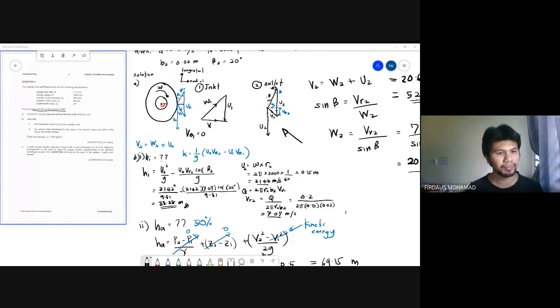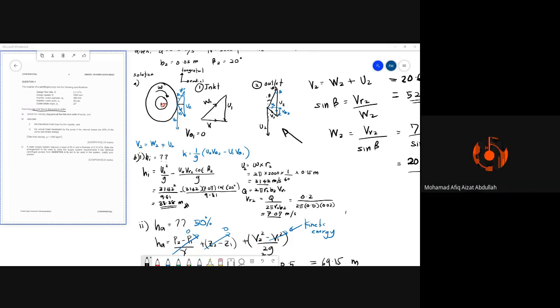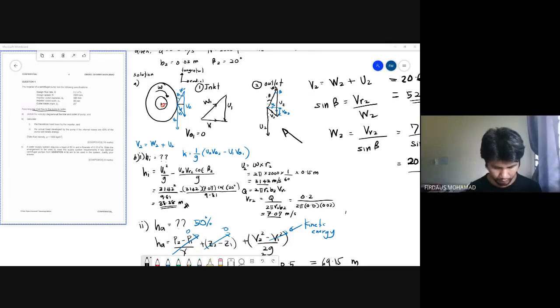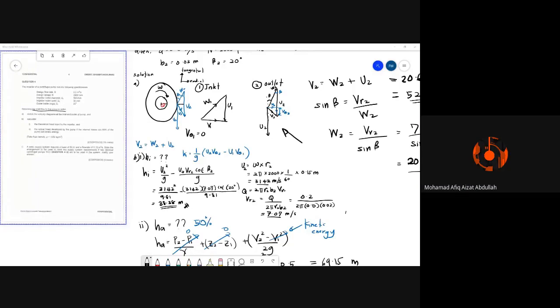So pump arrangement ada berapa? Dua, satu series, satu parallel.